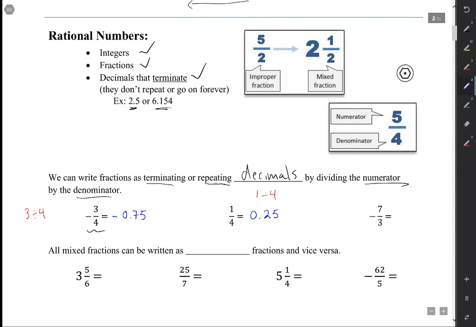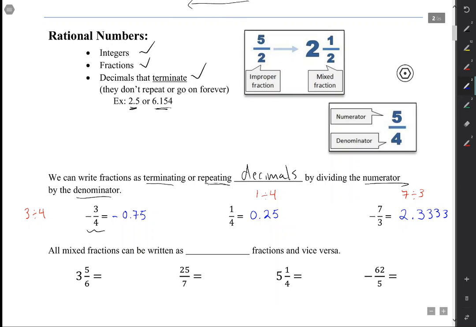And finally, 7 over 3. If you put 7 divided by 3 in your calculator, which I'm going to do right now as well, you're going to get a repeating decimal this time. It'll be 2.3, and the 3 will go on forever and ever.